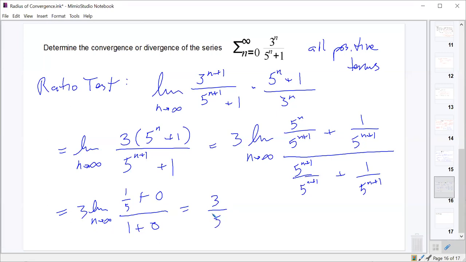Everybody good with that? Yes. Yep. And what can you tell me about 3/5? It is less than 1, which tells us what? That this converges.